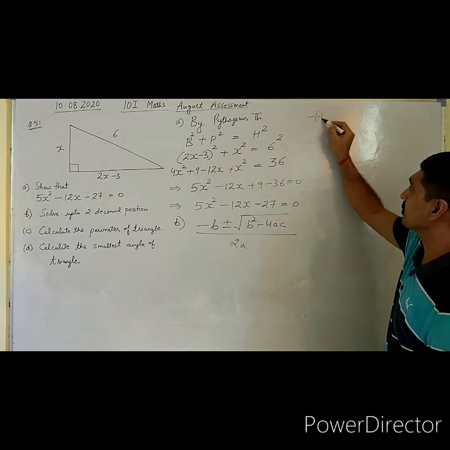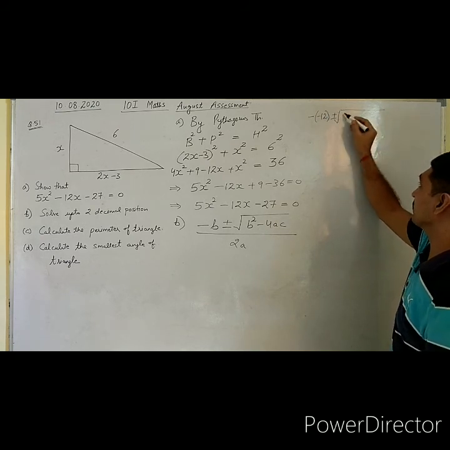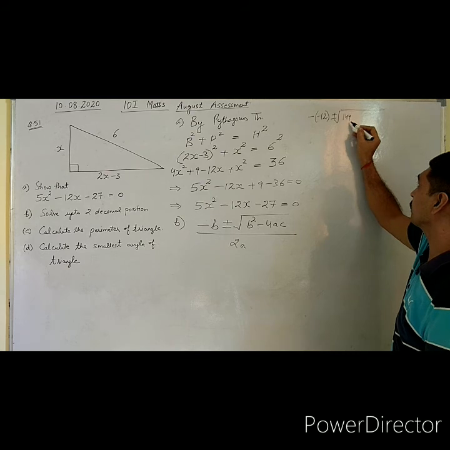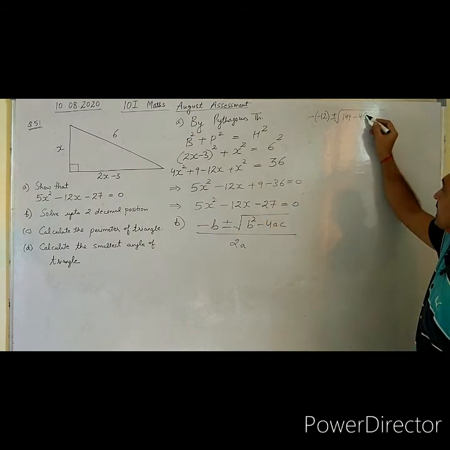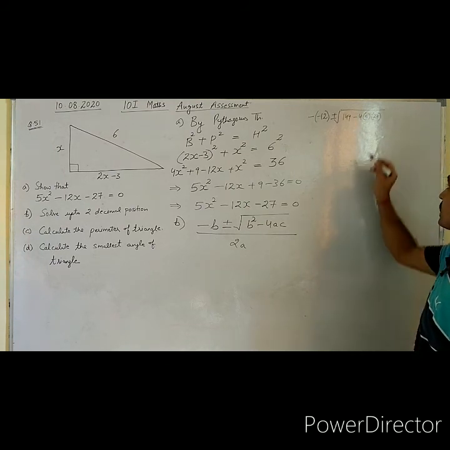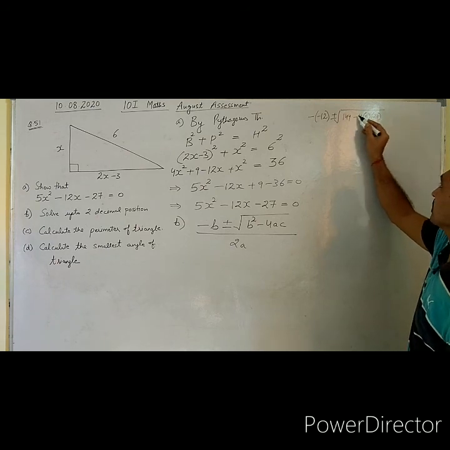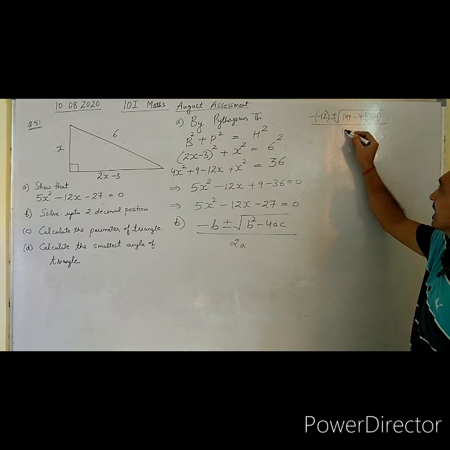So here minus of minus 12 plus minus, b square, 12 square is 144, and minus 4ac, a is 5 and c is minus 27. So here minus again will be plus, and here 2a, that is 10.